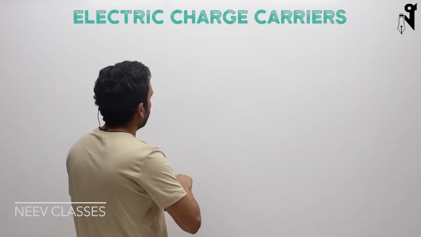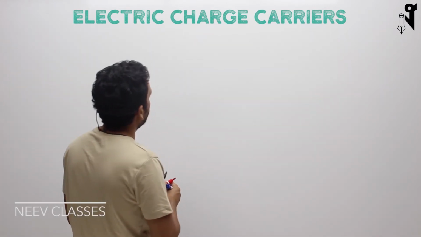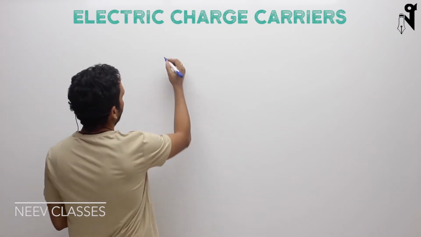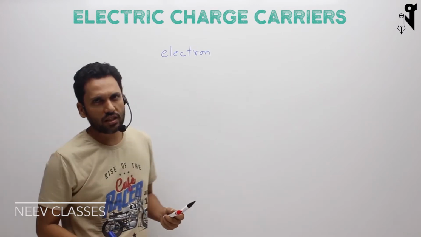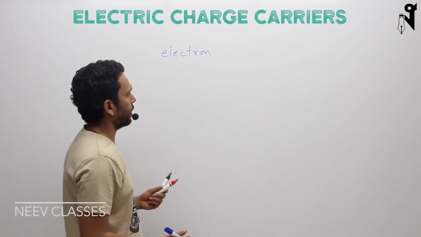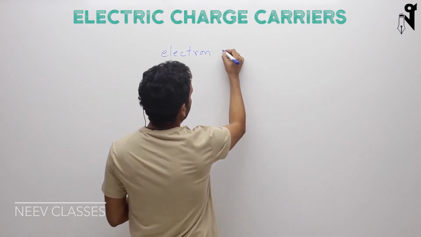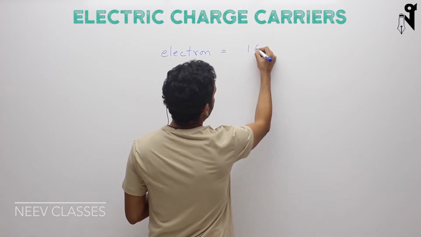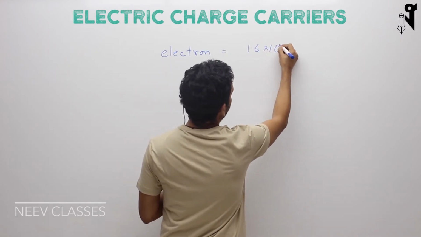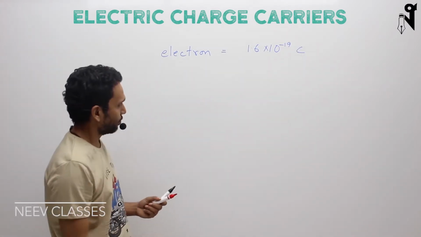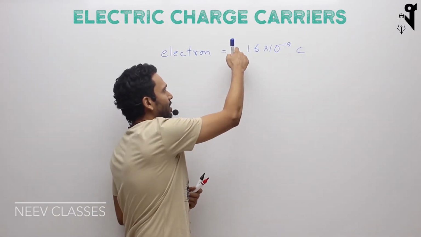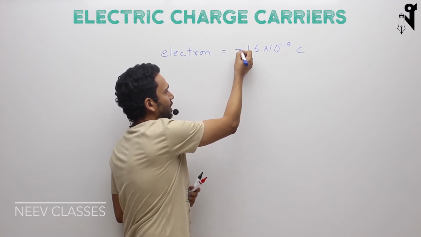I guess one of the foremost particles you would have listed would be an electron, right? And how much charge does it carry? It carries a charge of 1.6 into 10 power minus 19 coulombs. And it carries a negative charge.